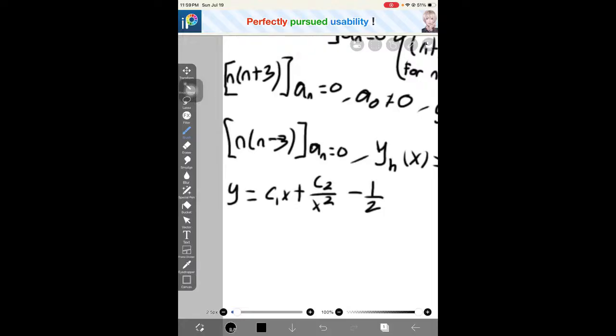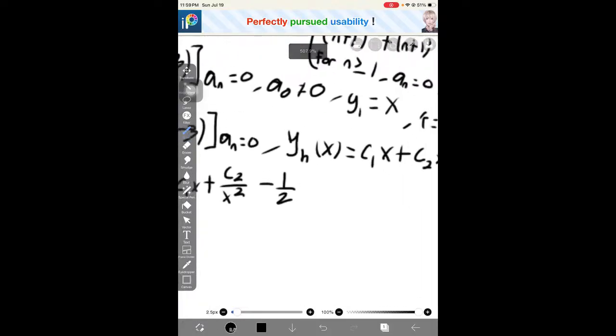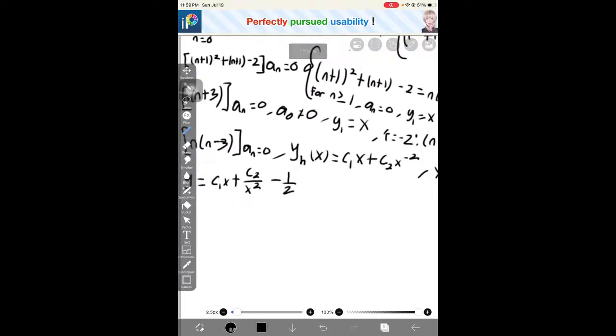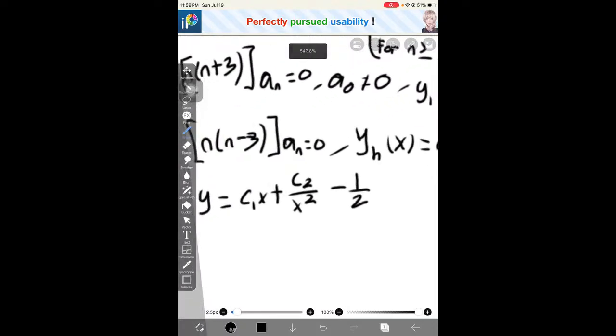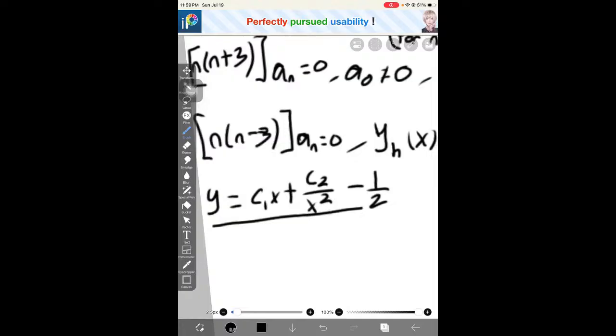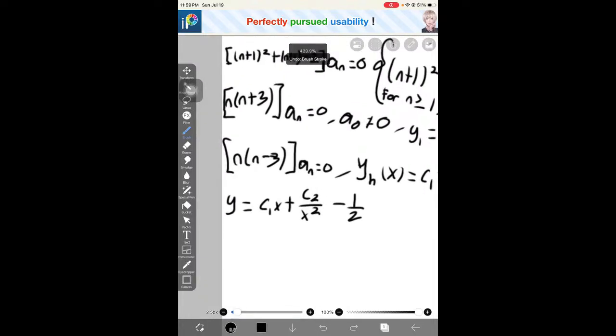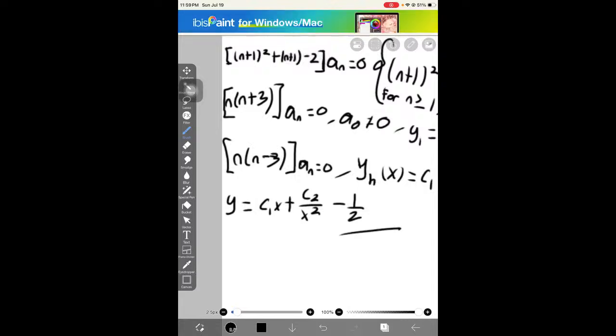Let's see if it's going to work. Now I want to apply the conditions. Wait, no. This is the particular solution already.